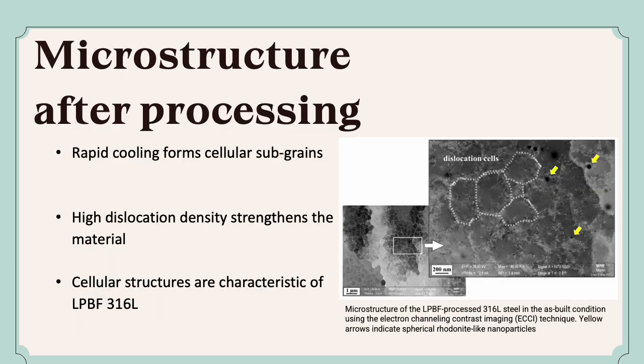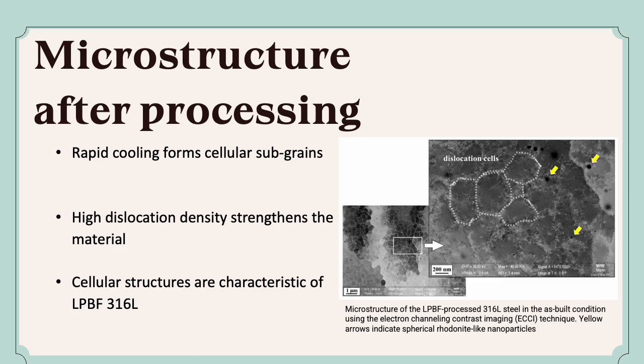After rapid solidification, LPBF-processed 316L develops a characteristic cellular microstructure. In this image, the dashed lines outline the cellular subgrain structure, also known as dislocation cells. This structure forms because the cooling rate during LPBF is extremely high.